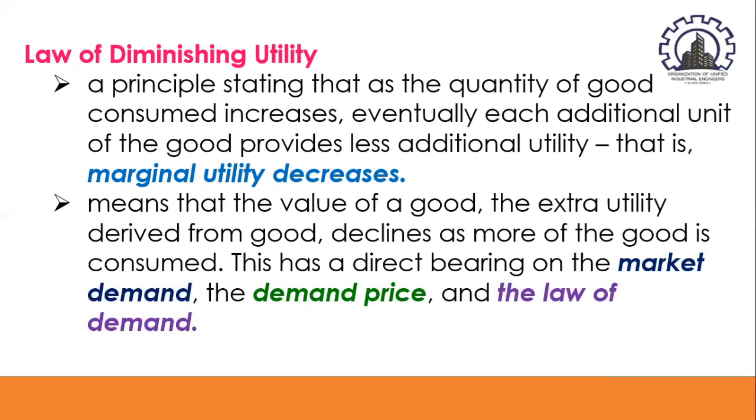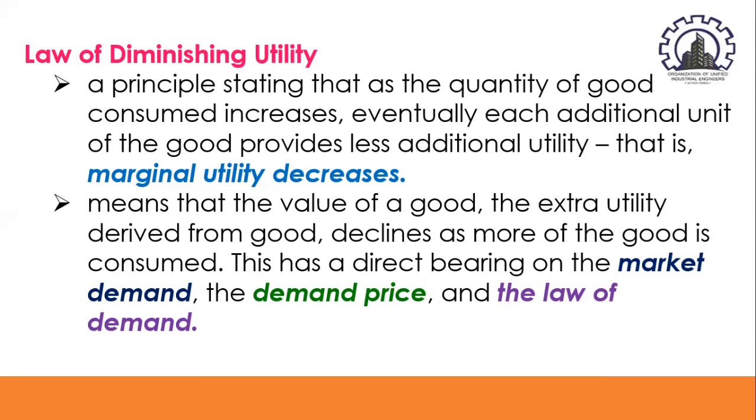The law of diminishing marginal utility helps to explain the negative slope of the demand curve and the law of demand. It means that the value of a good, or the extra utility derived from a good, declines as more of the good is consumed.